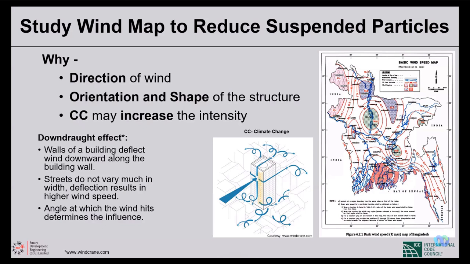If you can place a building and select an orientation such that the wind hits the building from an angle, these effects go down and the air becomes cleaner.